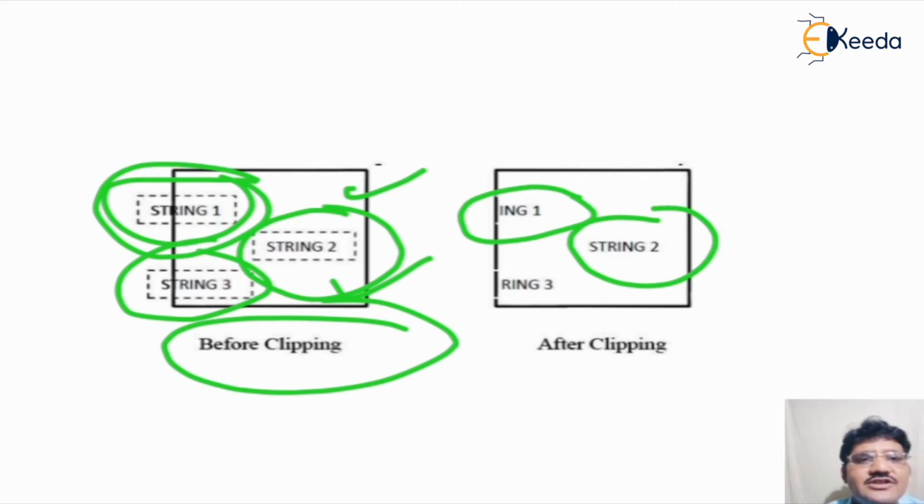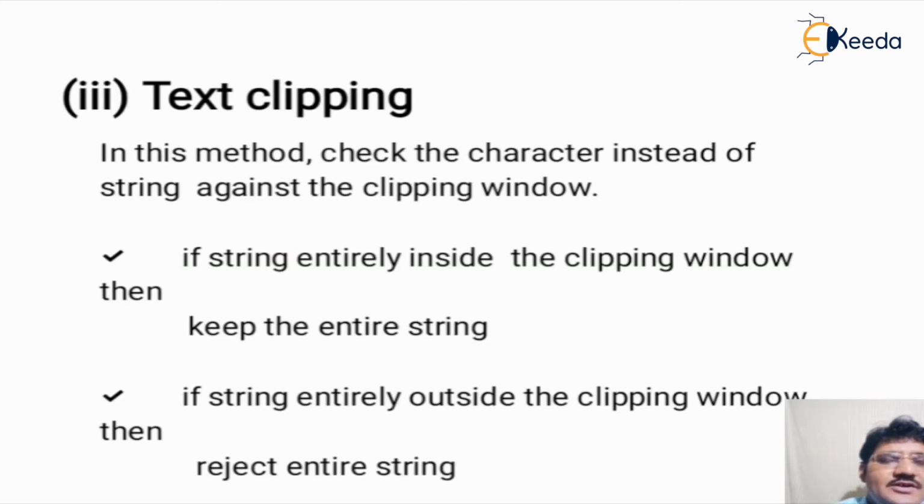Similarly, for string 3, the character T lies on the boundary, so it will be rejected, and S is completely outside, so it will also be rejected. Then after applying this algorithm to string number 3, we get the output ring3.